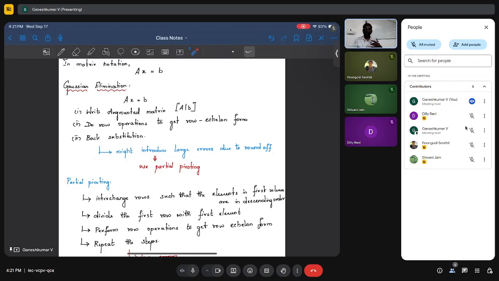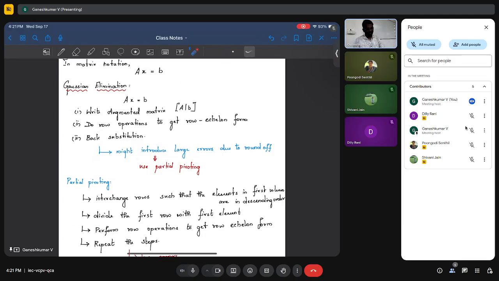That is a direct method: how do we directly get the solution vector? The other methods are iterative procedures. We do not really find A inverse. Instead, we start with an initial X value and substitute it in this equation to see whether it matches. If not, we update the X value. That is the iterative method.